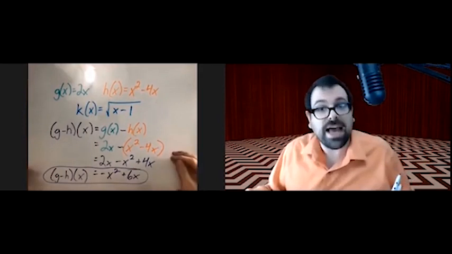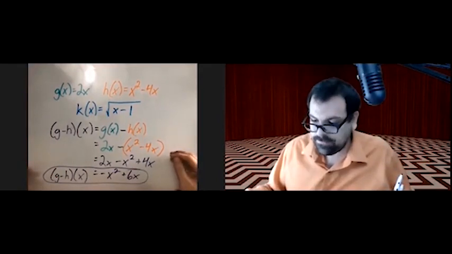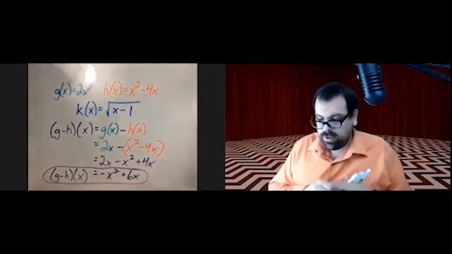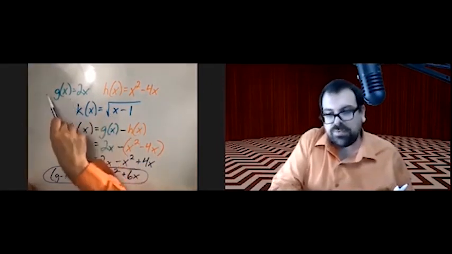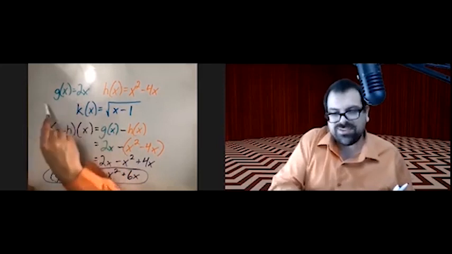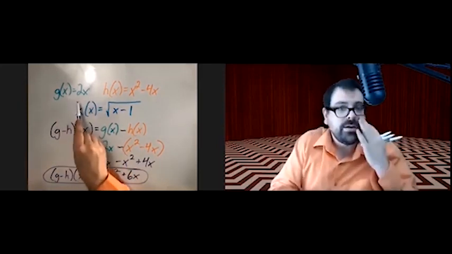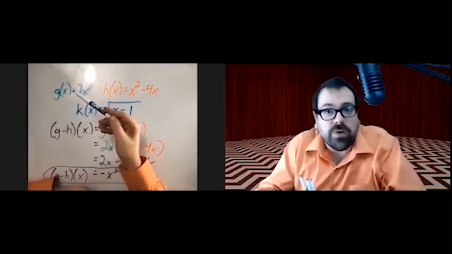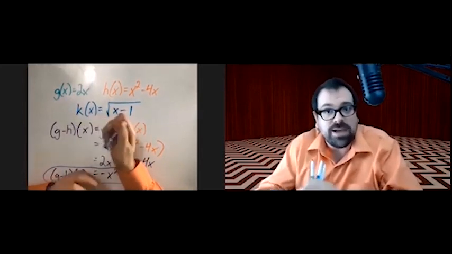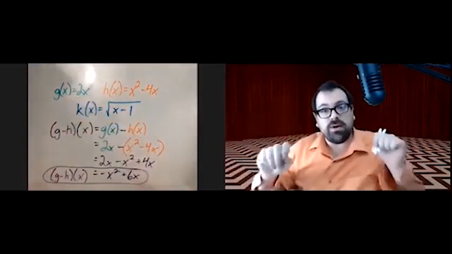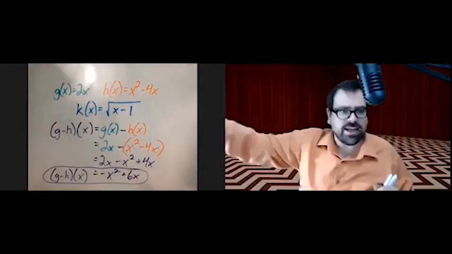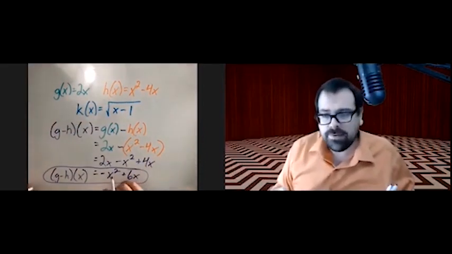It means the overlap. The domain of g of x would be all real numbers. There's no restrictions. There's nothing we can't plug in. And remember, we find the domain by figuring out what we can't have. The domain is everything we can have.